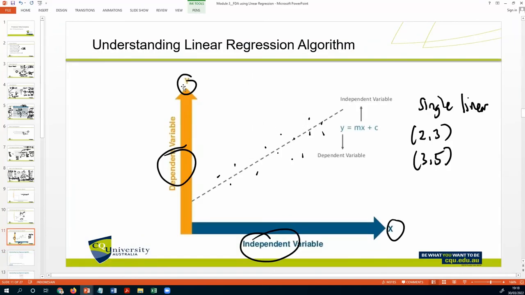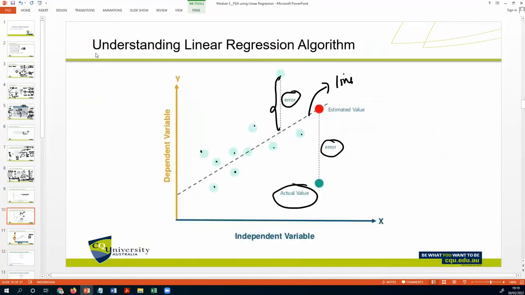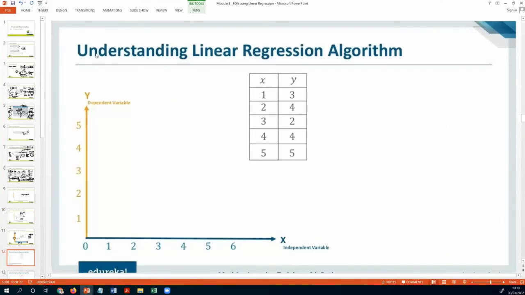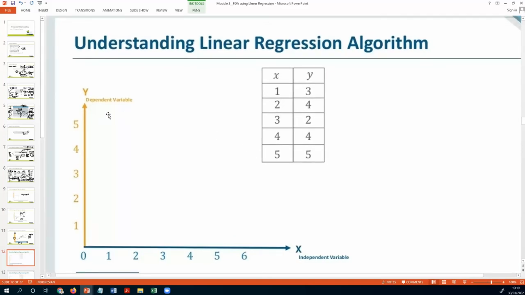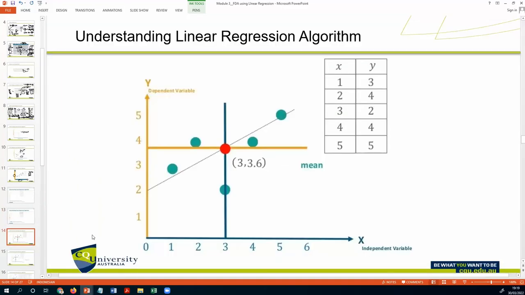Okay, so let's say that to understand the linear regression algorithm, you have the x and y like this. If x is 1 and 3, 2 and 4, 3 and 2, 4 and 4, 5 and 5, what will the model look like? Yeah. So these are the coordinates of the data.